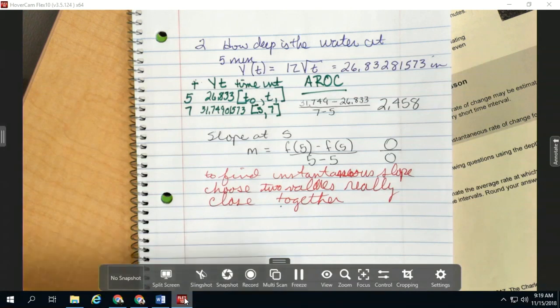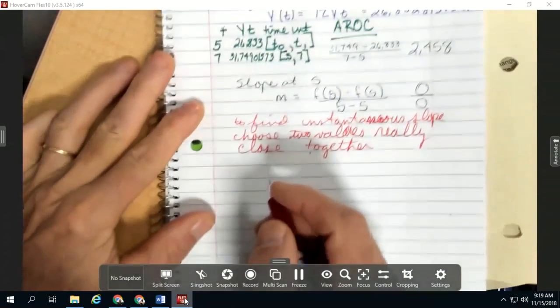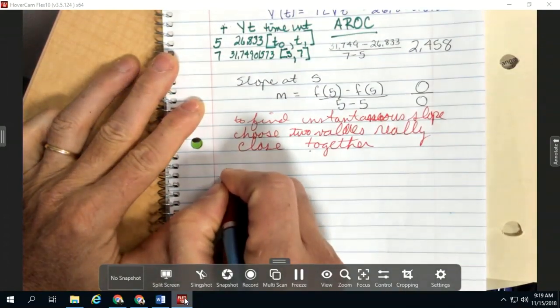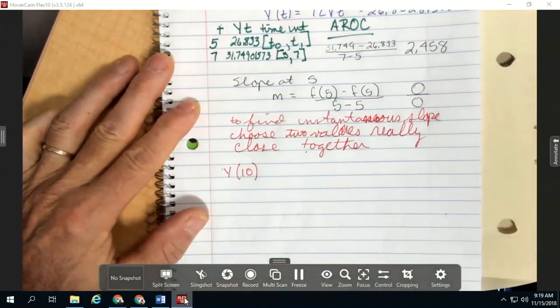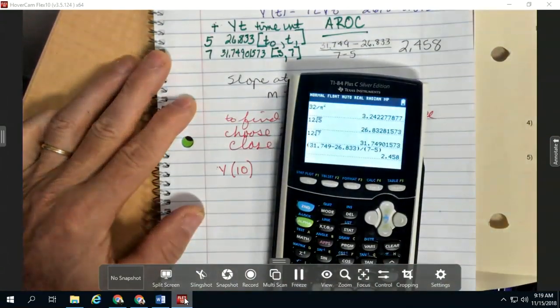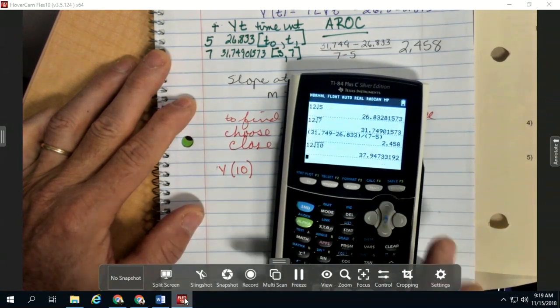Page 171. Now it says, let's analyze how fast the water level is rising at time 10. Well, the first thing that we probably want to do is to figure out how deep is the water at 10. So at 10 minutes, 12 square root 10.